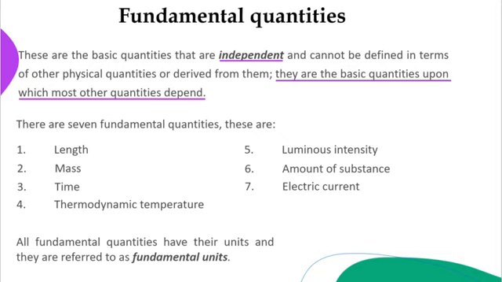Those few physical quantities that don't have units don't fall under fundamental quantities. They come under some derived quantities that don't have units, and the reason for that we are going to see as we continue through this lesson. But all fundamental quantities have their units, and the units of these fundamental quantities are referred to as fundamental units.